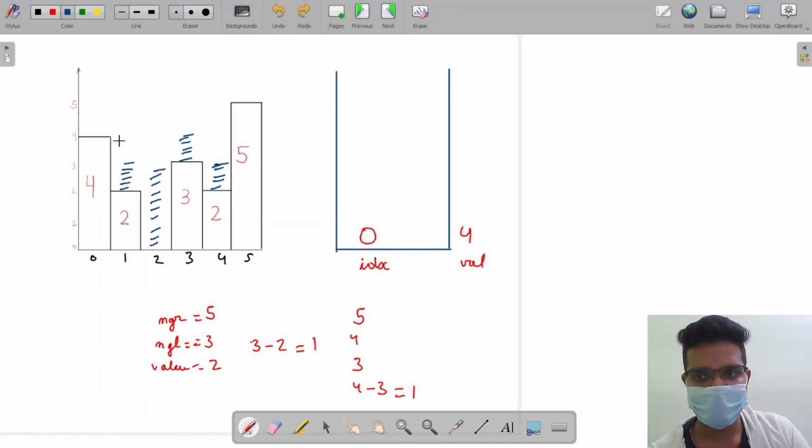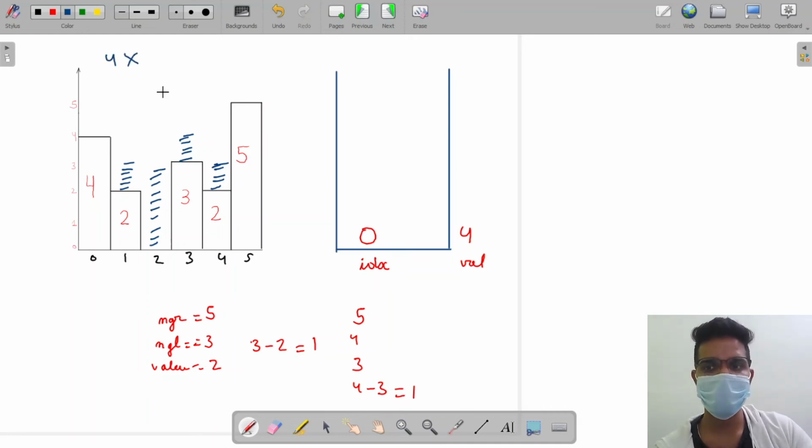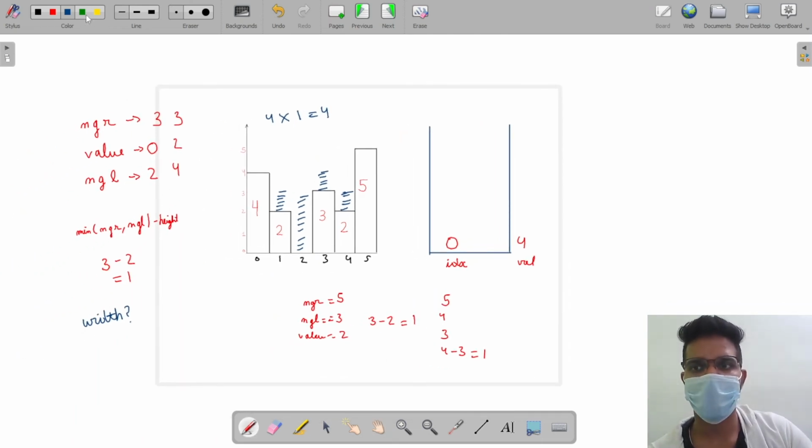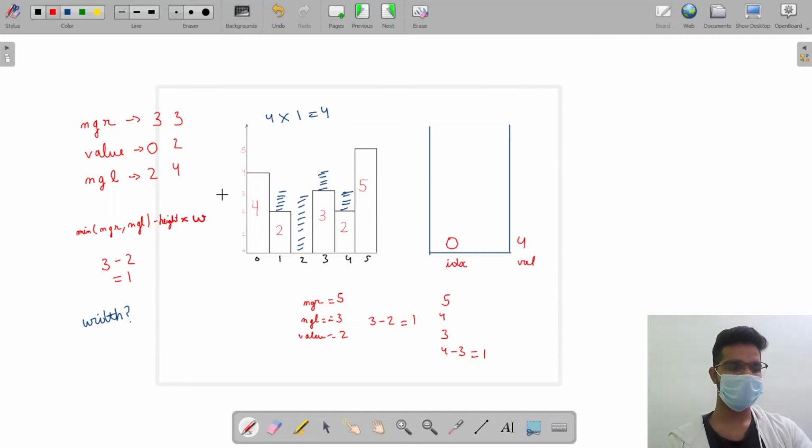So we know the width, and we are going to multiply it with the total width. Here the total width between 4 and 5 is 4. So we are going to multiply 4 with our amount of water, that is 1. So 4 into 1. So in our formula I have to add it, however we are calculating minimum into width. Okay, so now let's try to code it.